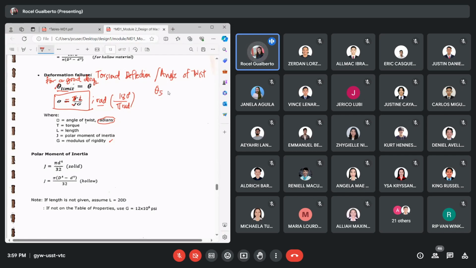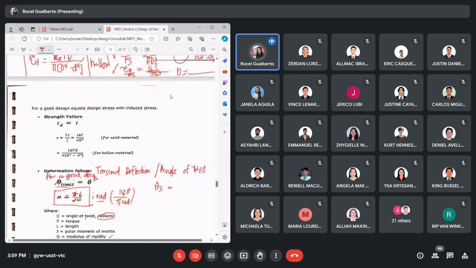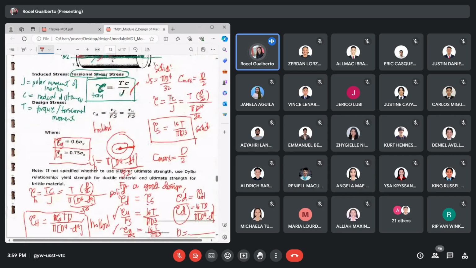Okay? Now, let us derive po yung theta or the angle of twist kung siya po ay solid shaft. Kung solid po yan, yung J na yun po yung papalitan natin, applicable for a solid shaft. So, ano po yung J kung solid? I-recall po natin, ginamit na po natin kanina: pi d to the fourth over 32.